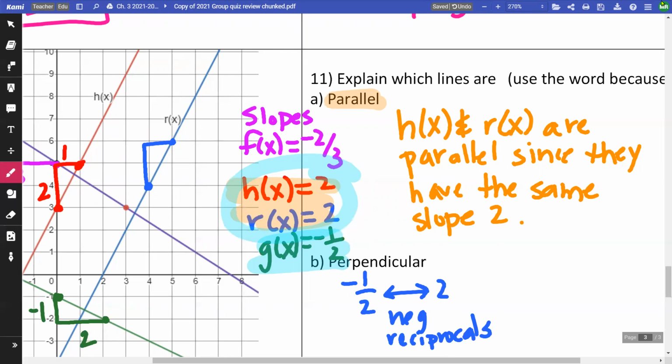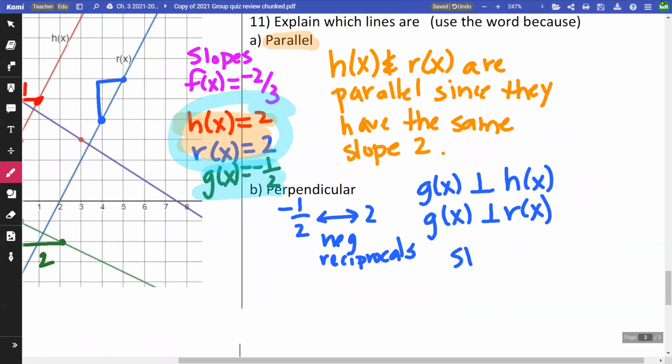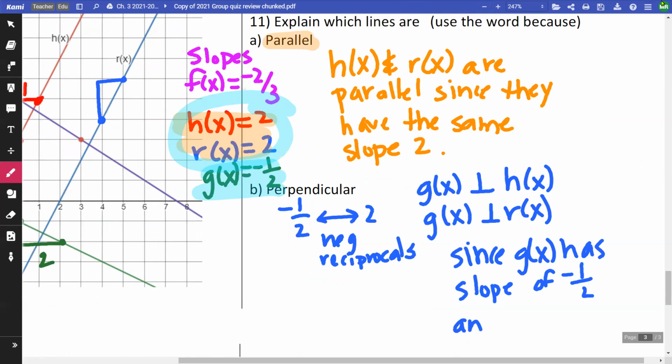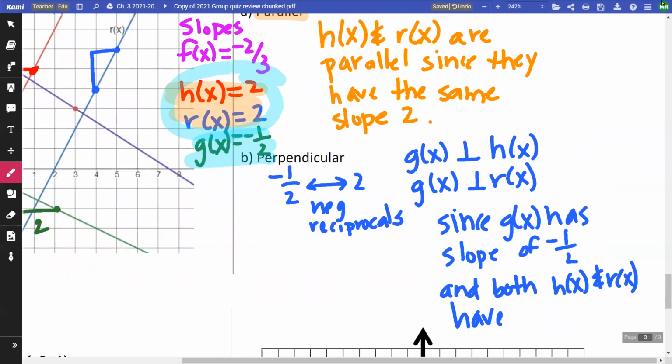Reciprocals mean flip, negative means make opposite. So what that means is g of x is perpendicular with h of x, and g of x is perpendicular with r of x. Since g of x has slope of -1/2, and both h of x and r of x have slope of 2.